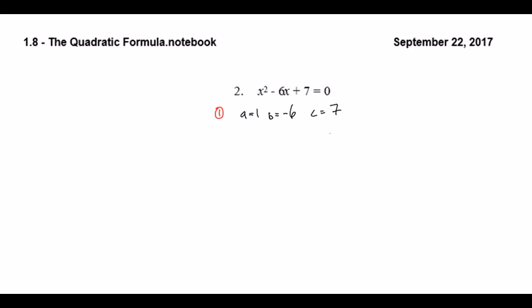Now, the second way of doing this problem is that you could just calculate the discriminant. Remember, if you ever see something underneath the square root sign, that thing, b squared minus 4ac, we call the discriminant.